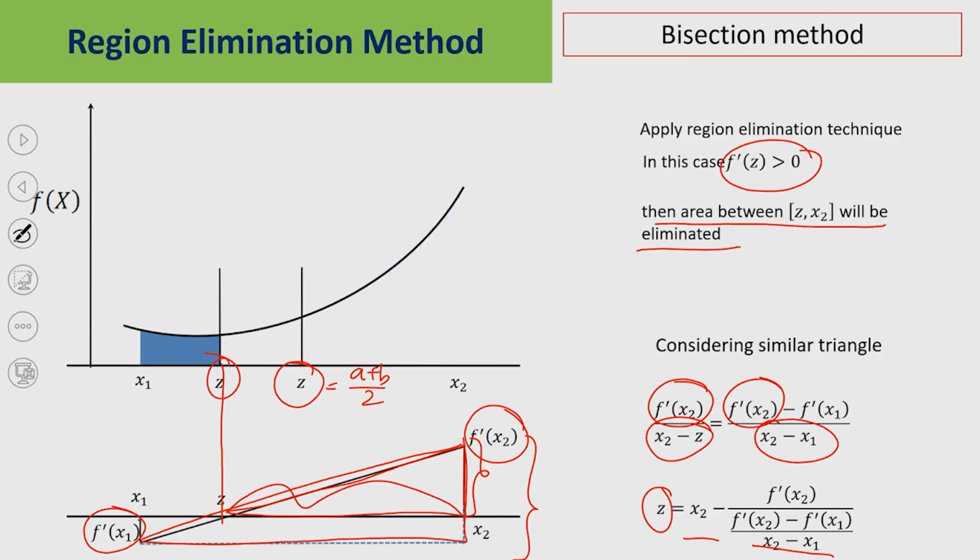So, I can eliminate this region. In this case, apart from the sign of the derivative, we have also considered the magnitude of the derivative, and we can eliminate some more region. And this will certainly be more efficient than the earlier method.